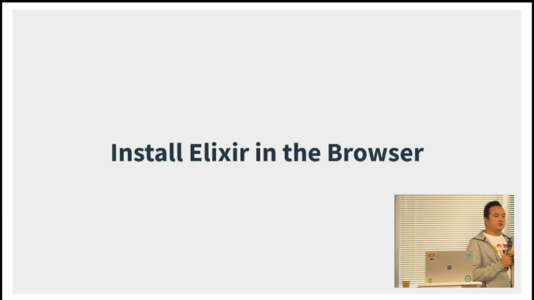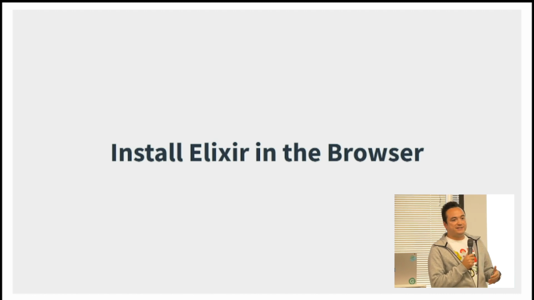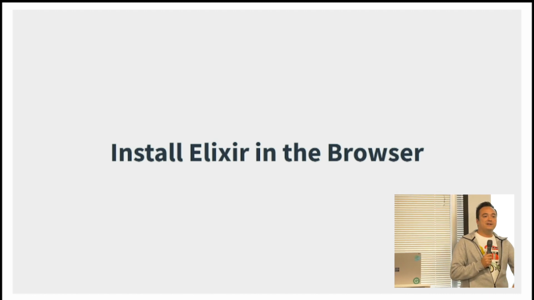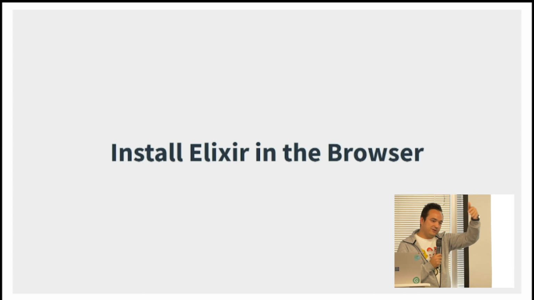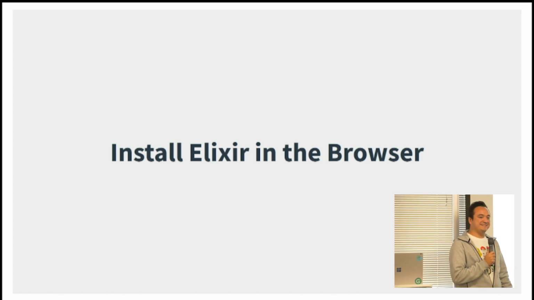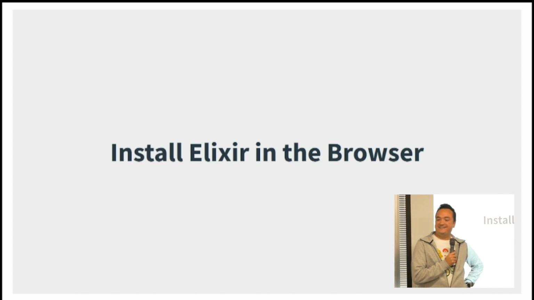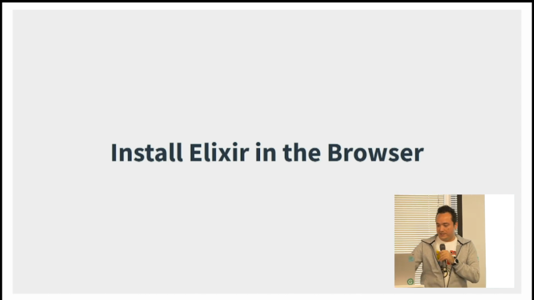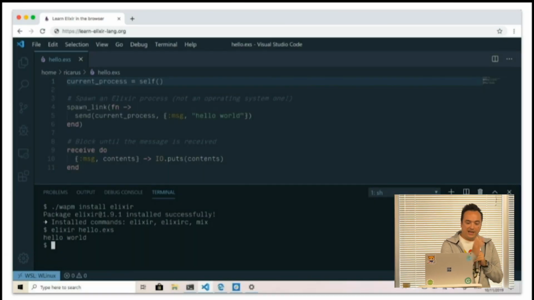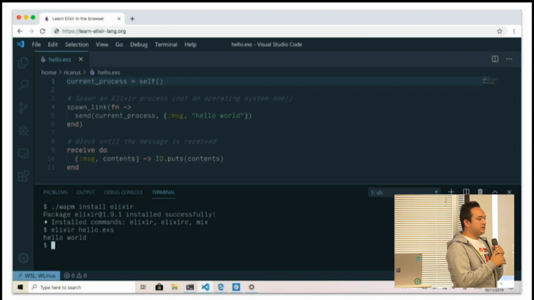So I think in the future, the first step to install Elixir will be just install it in the browser. Don't ask the administrator of the high school you're giving classes at for laptops that will come two weeks later. Just go to our web page. It will have the editor.